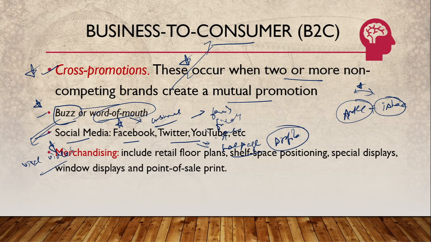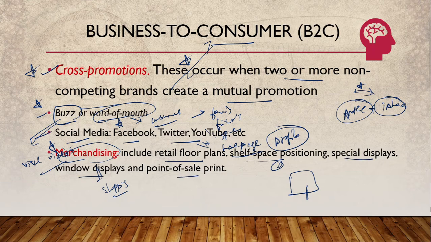Another popular method is merchandising, which is especially used in shopping malls. They will have the shop layout such that once the customer enters, first I'll tell what some of the merchandising methods are: retail floor plan, shelf space positioning, special displays, window displays, and point of sale print.